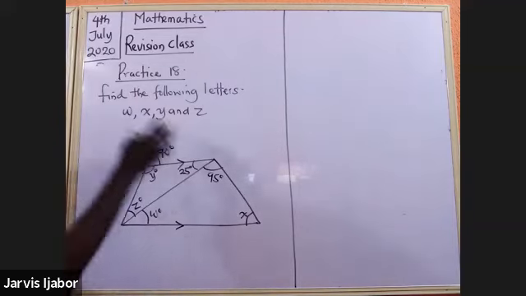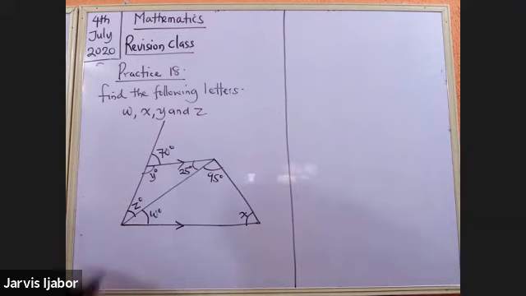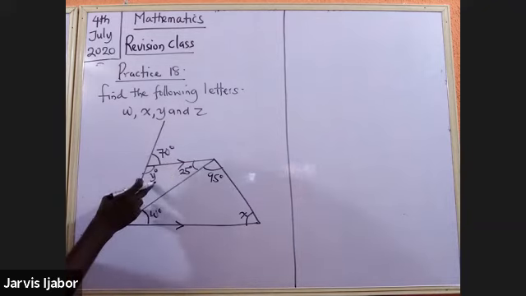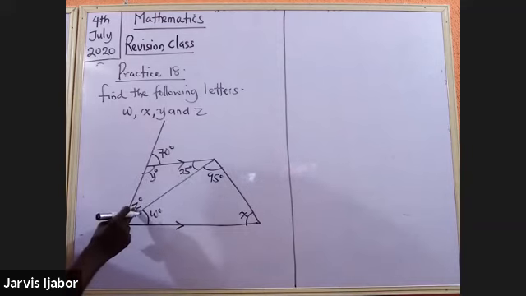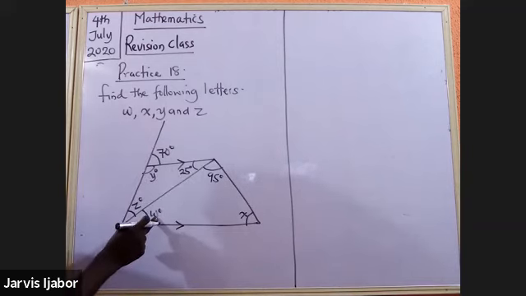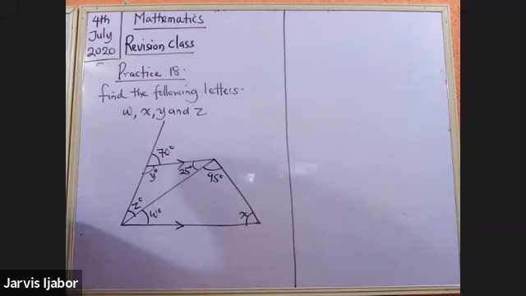All right, so this is the diagram we have for this question. This is 70, this is Y, this is 25, this is Z, this is W, this is X. So how do we solve that?